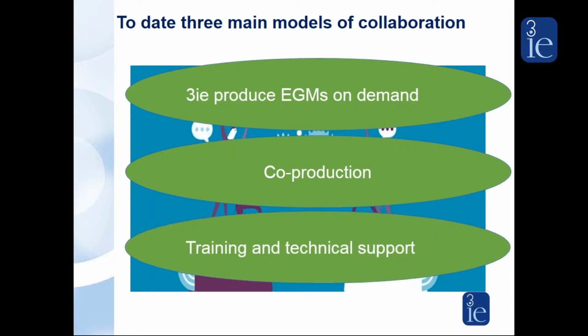And then the final model, where we have less intense involvement, a kind of light touch collaboration, is where we primarily provide training and technical support. An example of that is an evidence map that was conducted by DPME in South Africa. In this case, we were involved in providing training.